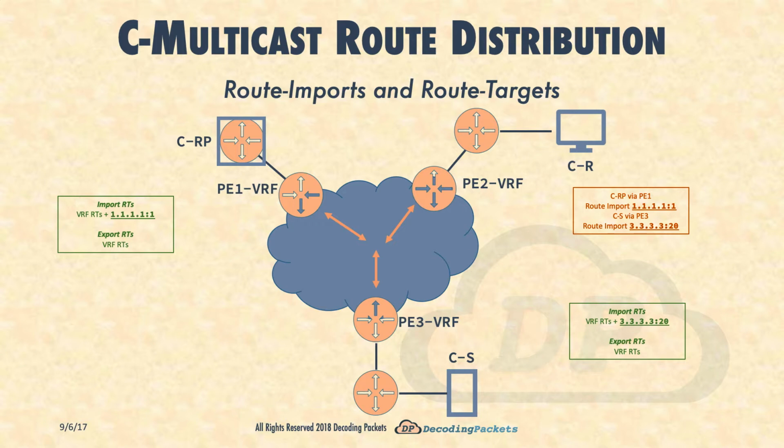On PE3, this list would be 100:100 and, you should have guessed it, 3.3.3.3:20. It's that simple. The PEs are basically changing the list of acceptable import routes. This, in fact, will help us with the filtering of the C-Multicast routes, and we shall see that, well, now.